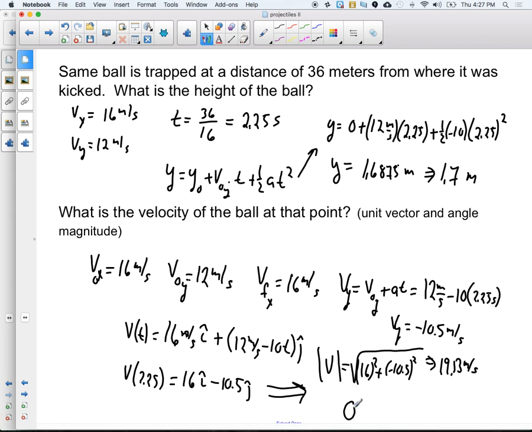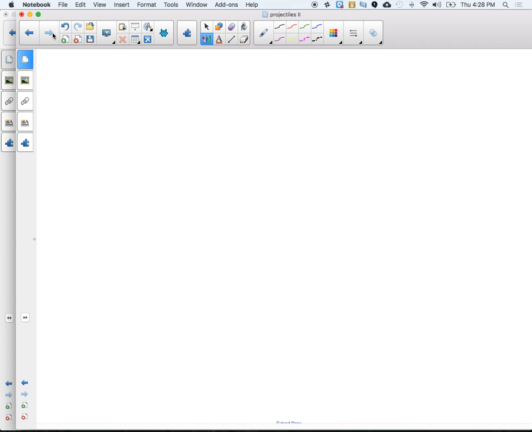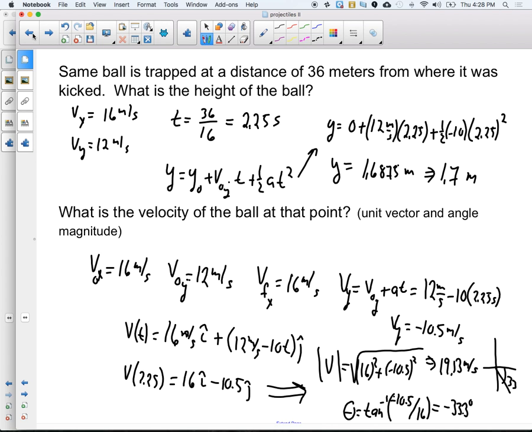And then the angle would be the arctangent of minus 10.5 divided by 16, which gives me an answer of minus 33.3 degrees. And that's because the ball is coming back down again, and that's that 33 degrees. So I think that's it. Hope this helped.